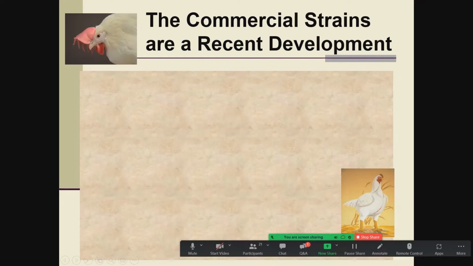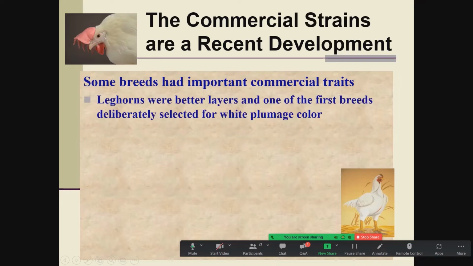So the commercial strains are really a recent development, and I can't emphasize that enough. A number of breeds, though, did have significant commercial traits. The white leghorn, for example, up here that you see in the corner, those are the white egg layers that we use today commercially. It's the same breed. They're selected a little differently. They're not selected for the purebred traits, but for their production traits. They were the ones that started deliberately selecting for white plumage as well.